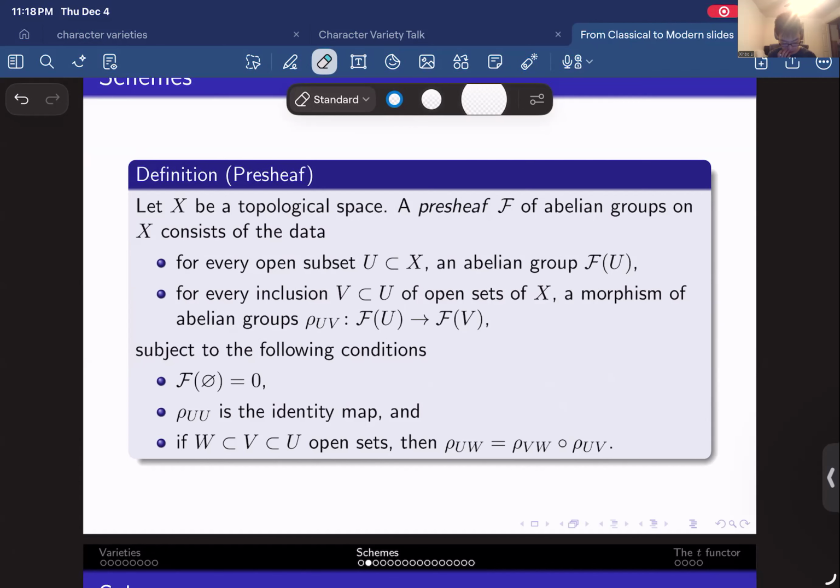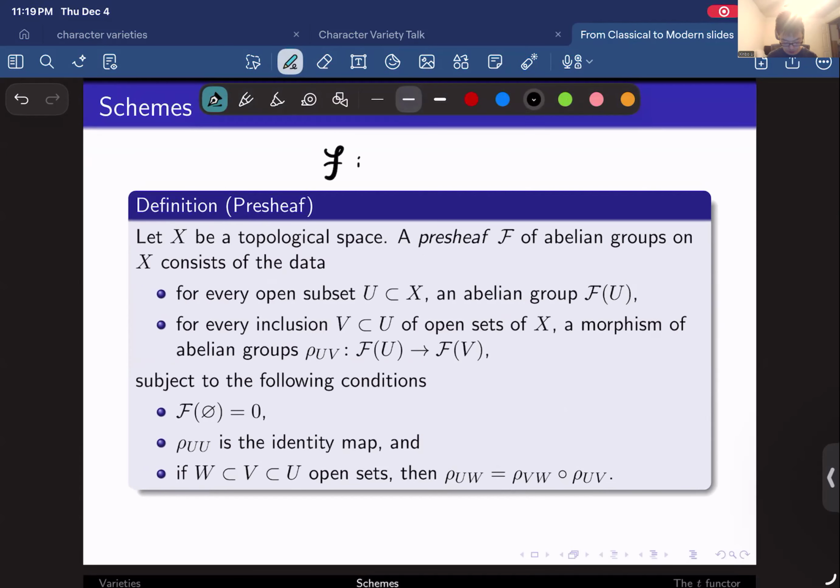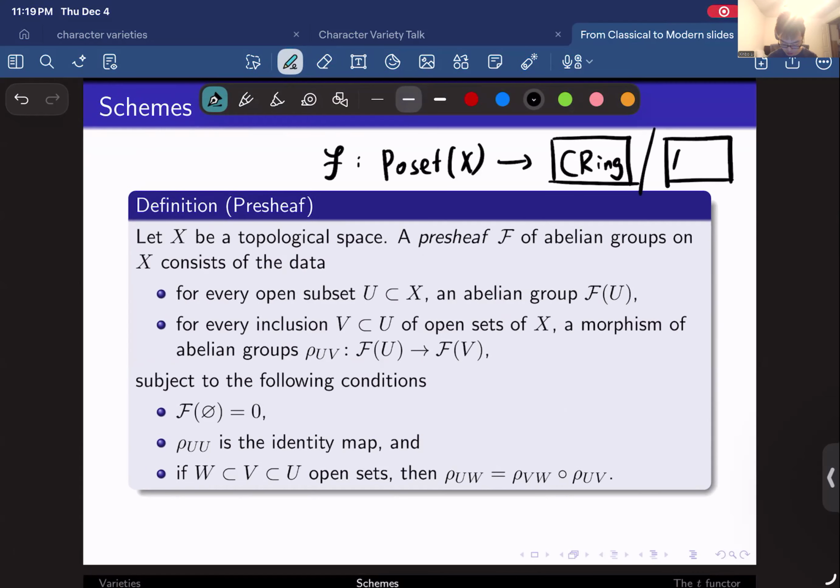So what I'm really saying here, if you view it in a functorial way, is that a presheaf F is just a functor from the poset defined on my topological space to the opposite category of your favorite algebraic structures. So here I can put, for example, commutative rings, and in this definition I can put abelian groups.